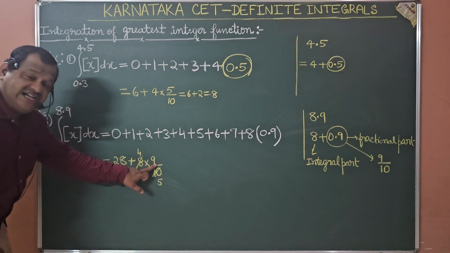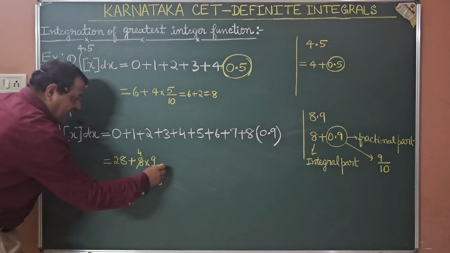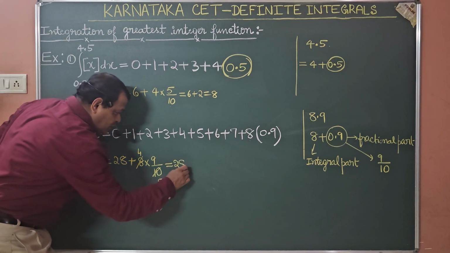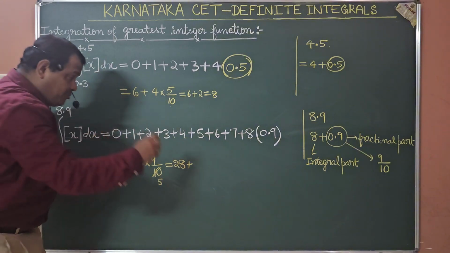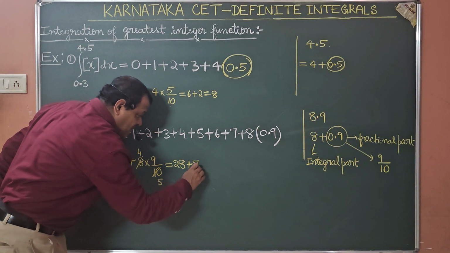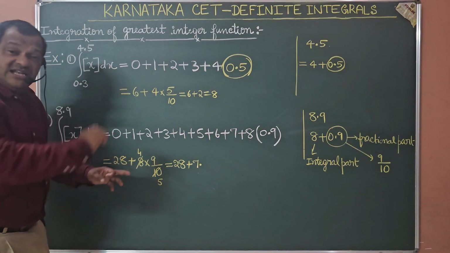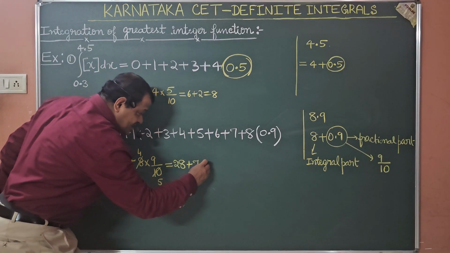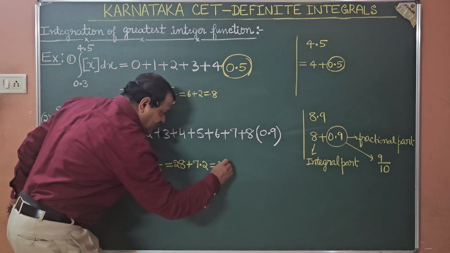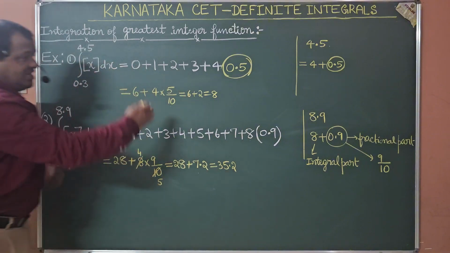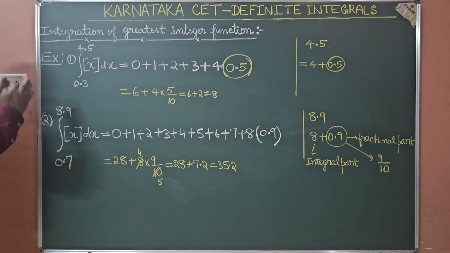So 4 into 9, 36. 36 divided by 5 here. So 28 plus 36 divided by 5. So 5 goes 7 times, 35. Then there is 10, so that is 7.2. So the answer becomes 35.2. Kindly go through this shortcut idea as well.